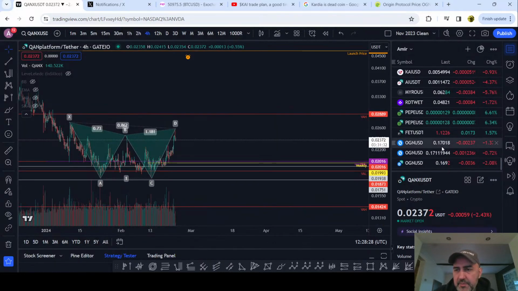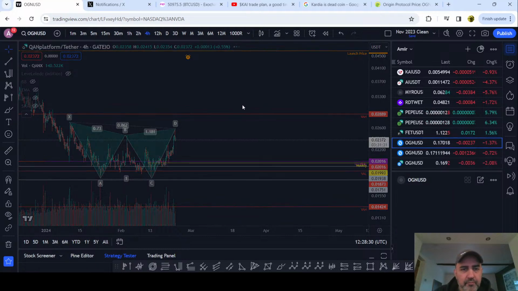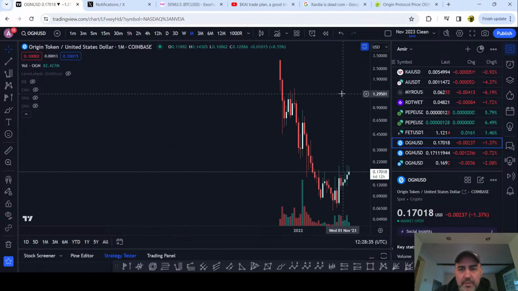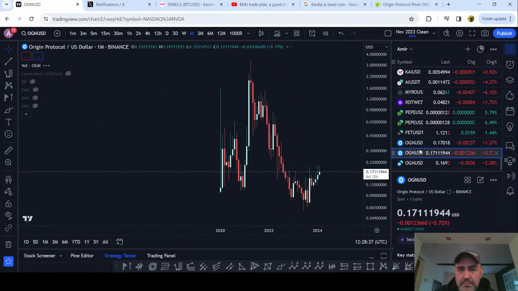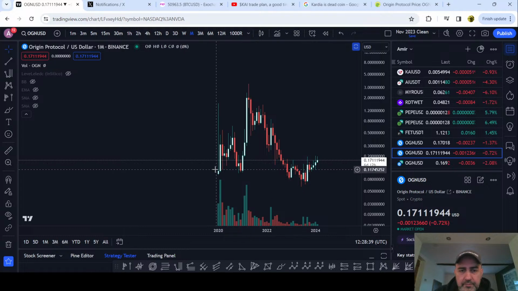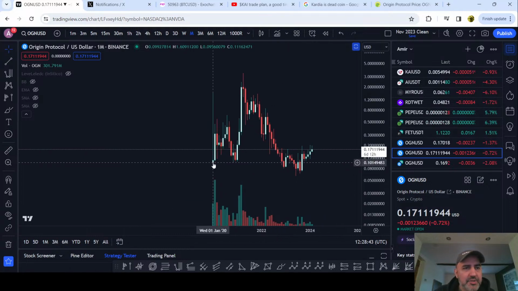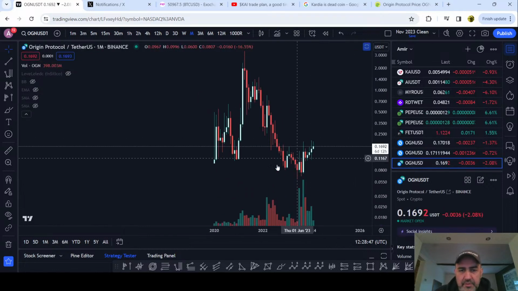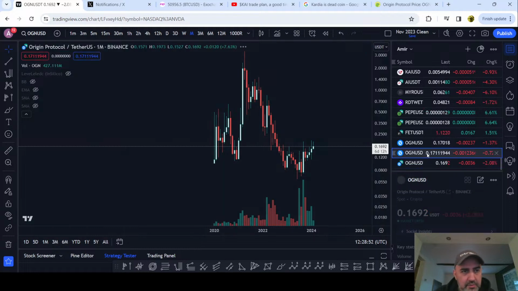Let's see if there's... nope. Yeah, that's the right chart. See this one. These are both good charts. The Binance one. Which one is better?